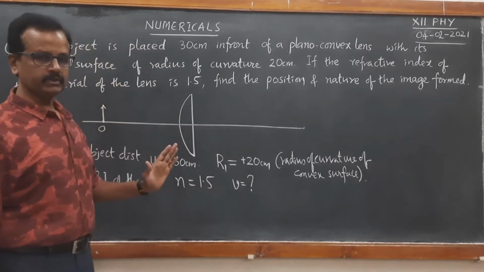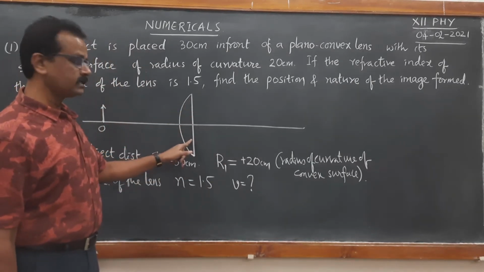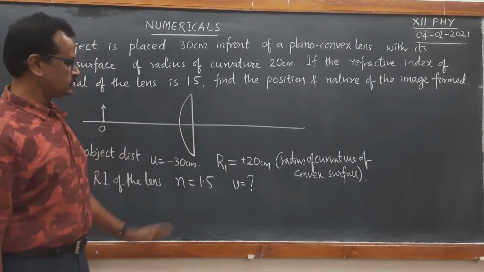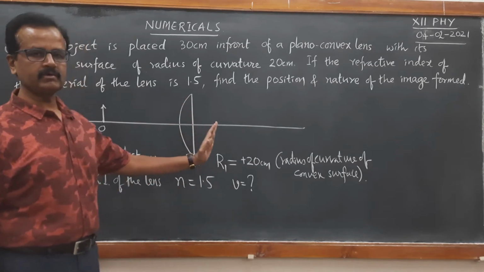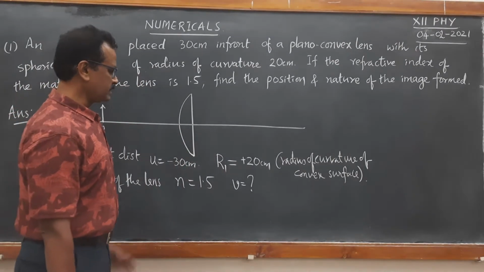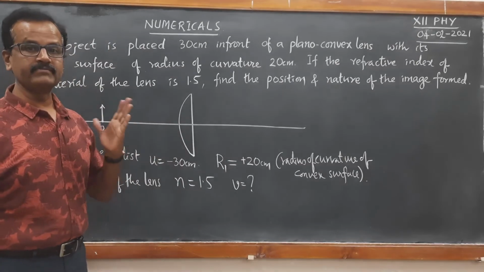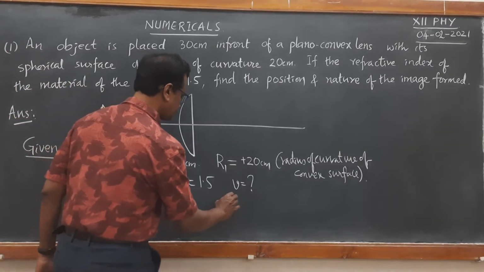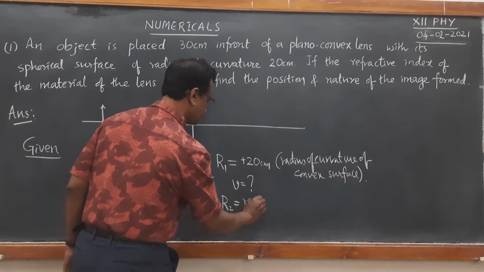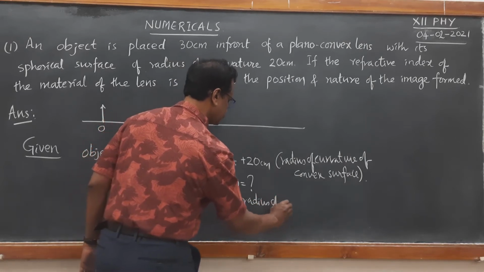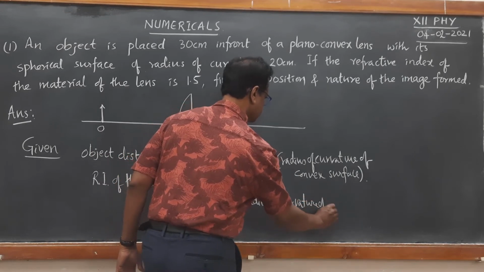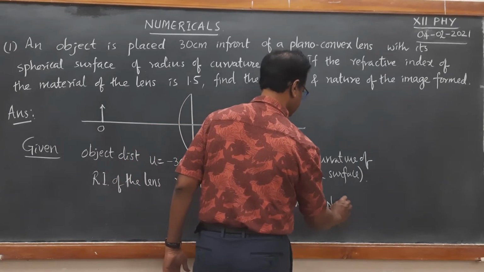And one more thing you note down, the other side of the lens is plane. It is a plane surface. So we must write radius of curvature of plane surface. I think you remember, radius of curvature of a plane surface is infinity. Here R2 is equal to radius of curvature of plane surface.